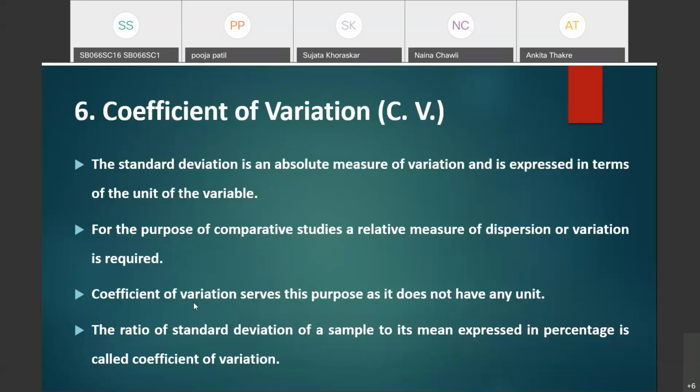If the observations are provided in liters, then the standard deviation will also be in liters. Whatever the unit of the observations in the sample, the unit of standard deviation is the same.